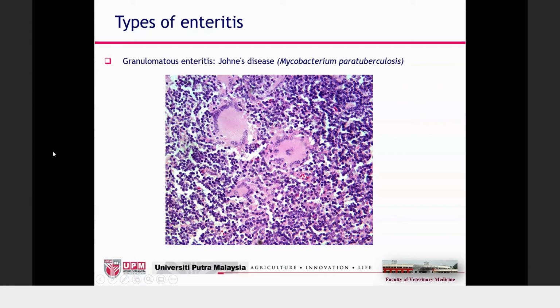Very nice ring-like giant cell there. So this giant cell is actually an accumulation of macrophages fighting against the bacteria. They come together to eliminate the bacteria. So again, this is a quite typical lesion for Johne's disease.